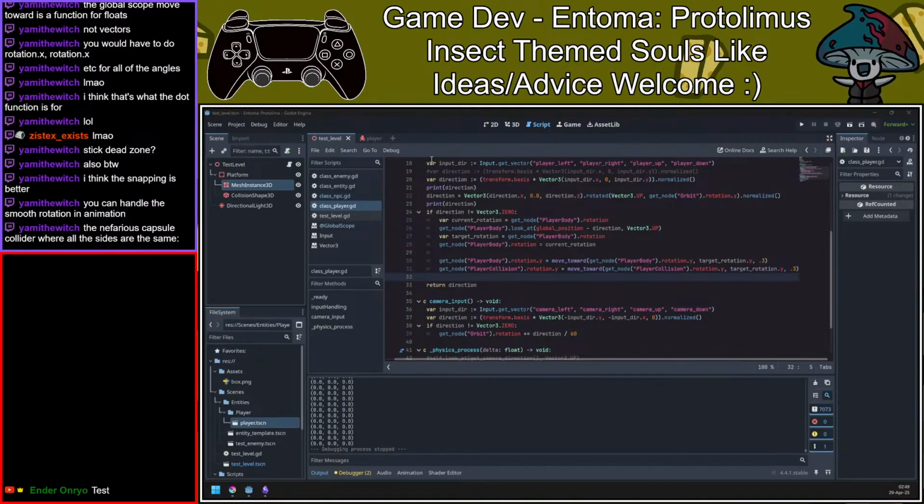Then a capsule collider where all sides are the same. It's not going to be a capsule collider forever. Eventually, it's going to have an actual person.